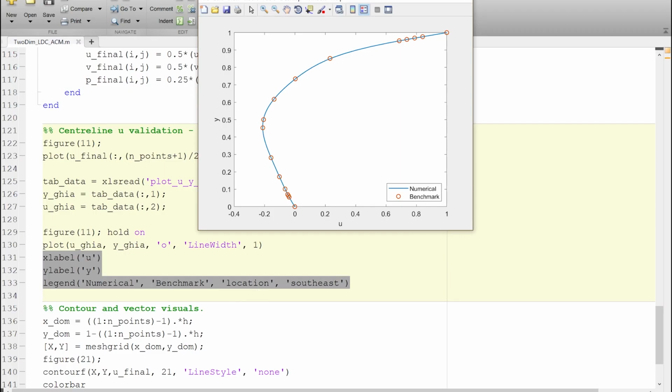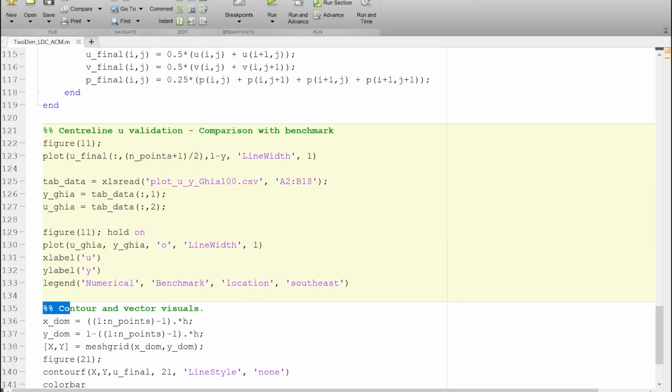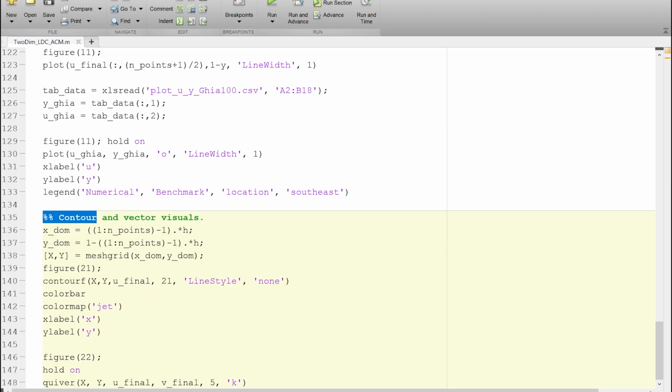So once we have got the correct solution, the next thing I would do here is to plot the contour of any particular velocity or the pressure field. So just like previous lectures, we can define the X domain and the Y domain, and after that we can create these X and Y mesh using the meshgrid command.